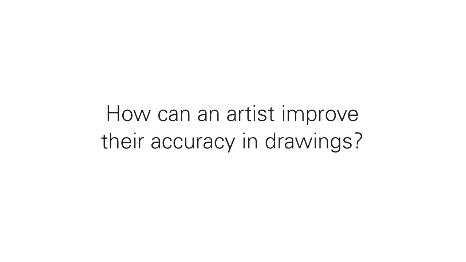How can an artist improve their accuracy in drawings? Well, it's some of the same things. And I think that being able to establish and start recognizing angles, and obviously documenting some of the bearing points, and seeing how the angles play off of each other to create shapes, triangles in many cases.